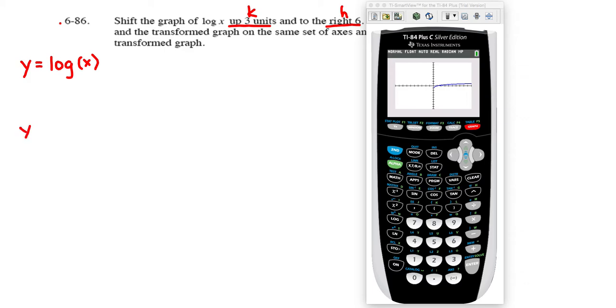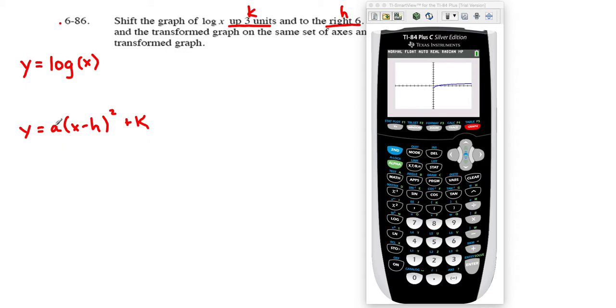We said y was equal to a times the quantity of x minus h squared plus k, where h, k was our vertex point. This affected the horizontal shift, this affected the vertical shift.